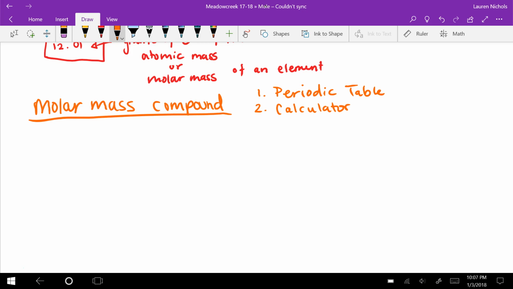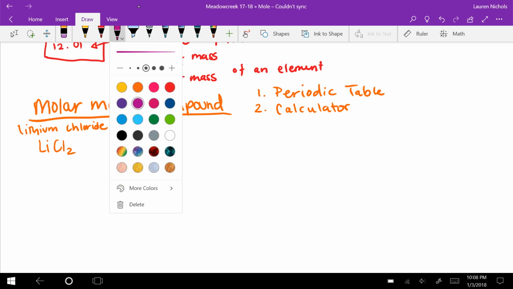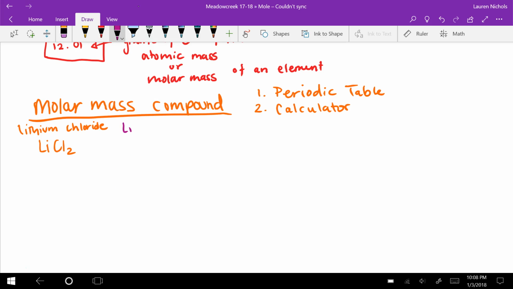So let's look at a compound like lithium chloride, for example, which just as a review, remember if I am looking at the name of an element, lithium is Li, and it's in column 1, so it has a +1 charge.